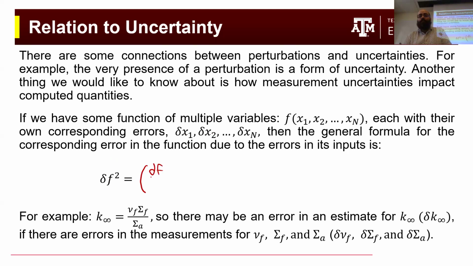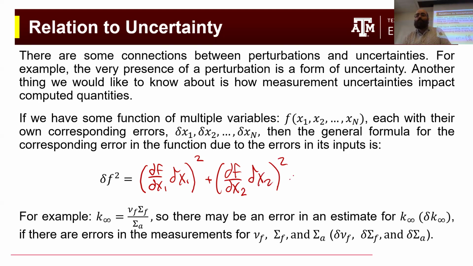I'm going to take the partial derivative of my function with respect to the first variable, that's supposed to be a 1, not an I, times the uncertainty or the error in that first variable, squared. And then I'm going to have the derivative of my function with respect to the second variable times the uncertainty in my second variable, squared, plus.